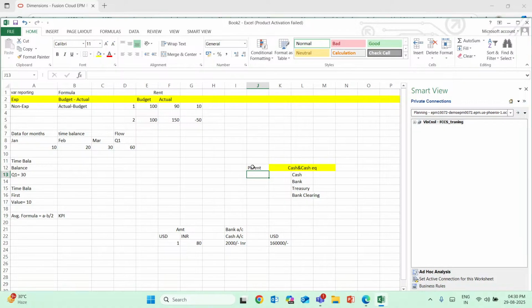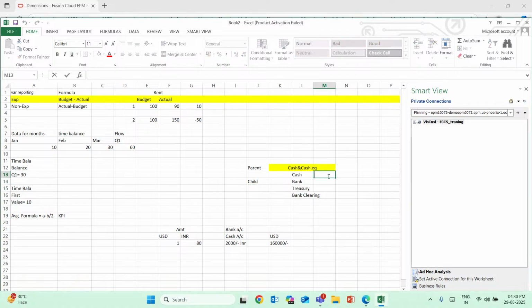These are children, these all four I'm talking about: cash, bank, treasury, these are all children. We do not provide the figure at the parent. We are going to provide the figure only on the child level.